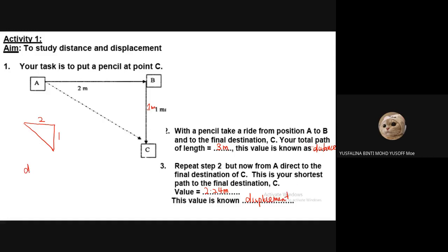The meaning of displacement is the shortest distance in a certain direction. Because displacement is a vector, it must have a direction. Are you clear about that? Any question you want to ask teacher?